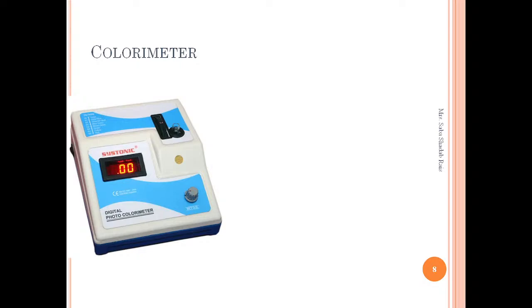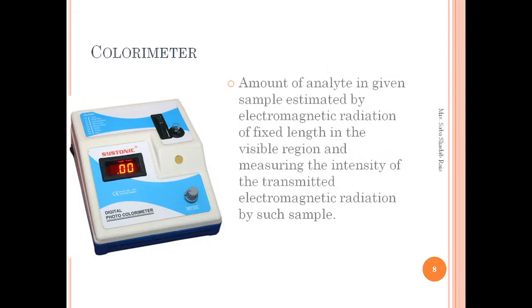So if we know how much light has passed in a length and how much is reflecting back, we can count how much analyte is present. So this partially absorbed light can be used to identify how much analyte is present in a given sample.